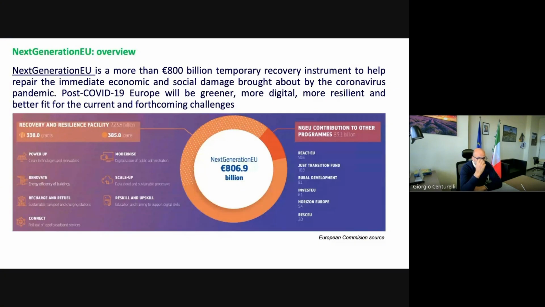I think it's clear that Next Generation EU is not only the Recovery and Resilience Facility, but also includes other EU programs, and that they are implemented in a very different way from recovery and resilience plans.